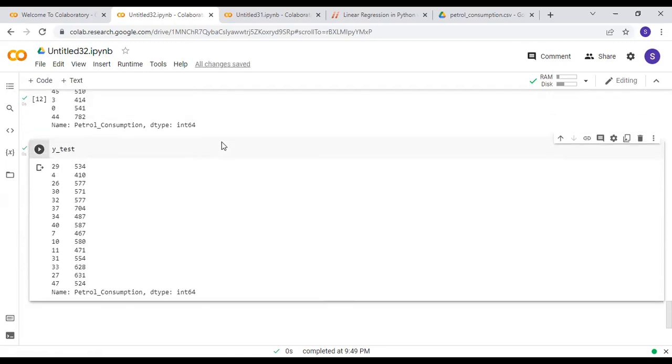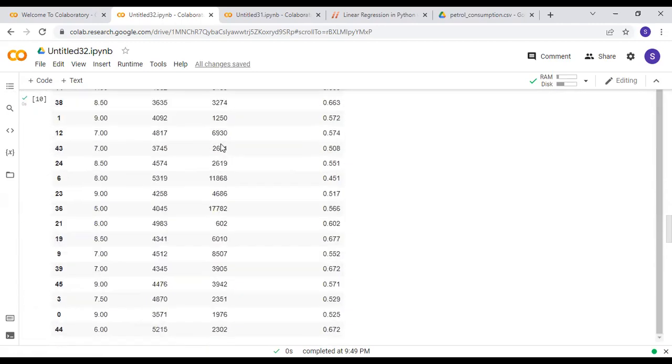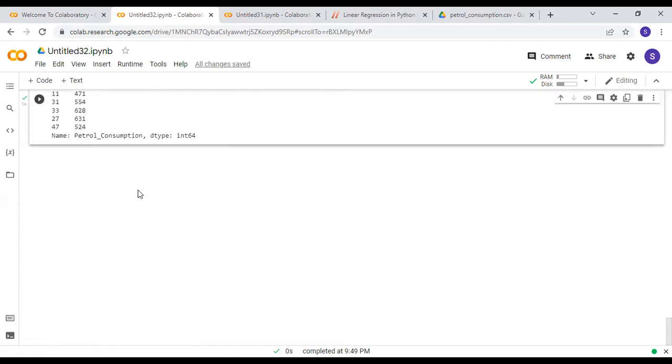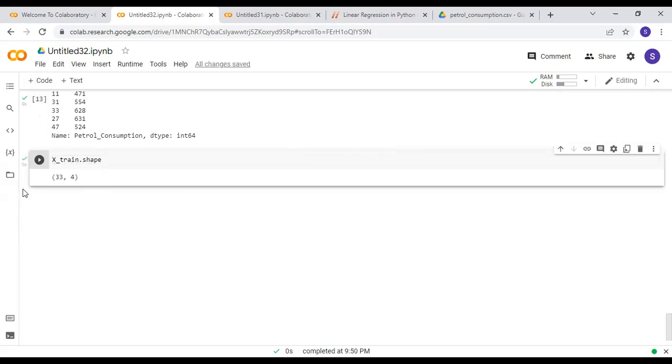These are all test set. So what is the dimension of the training set? To see the dimension, I will write X_train.shape. So 33.